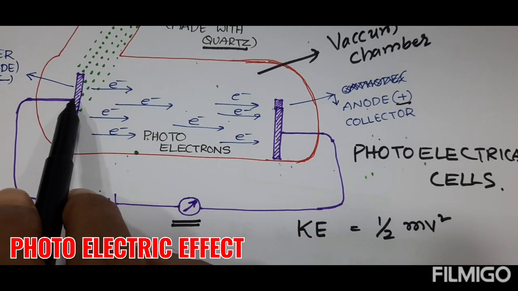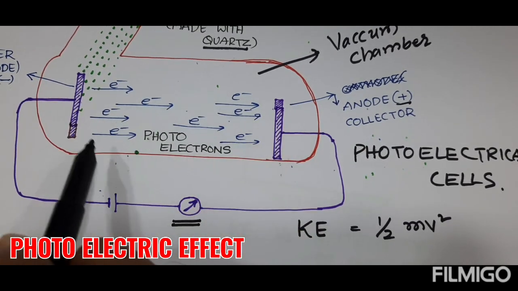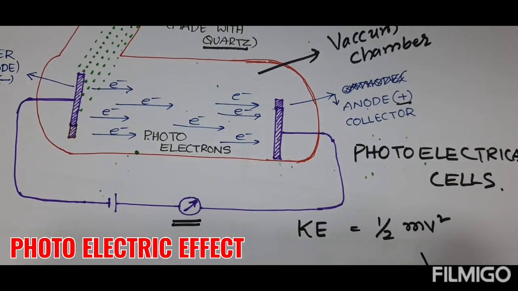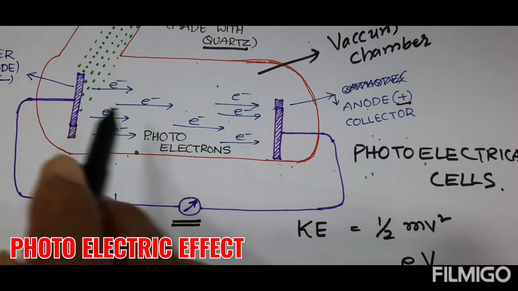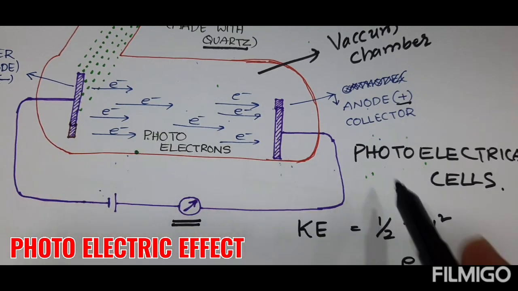It has a negative charge and it has a positive charge, and also there is a potential difference. The potential difference is V and the charge is E. E is called the charge on the electron, V is the potential difference between the two electrodes, right?